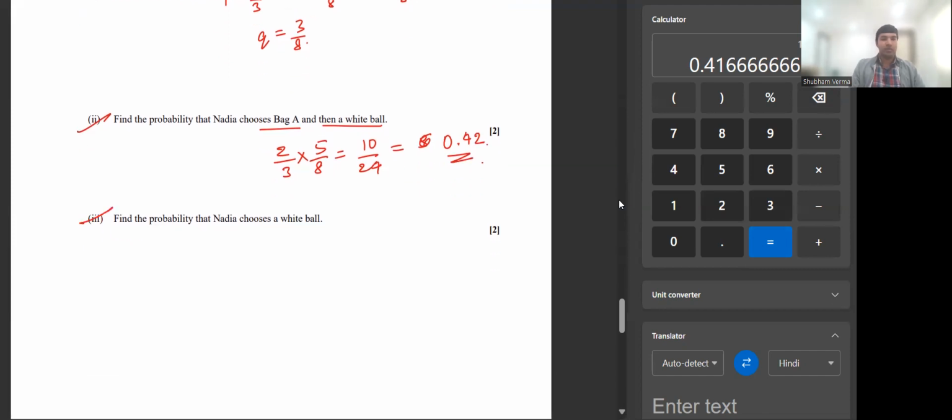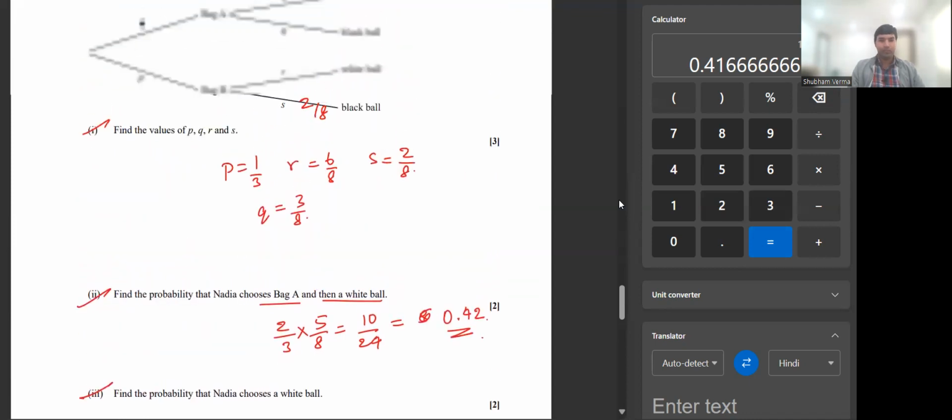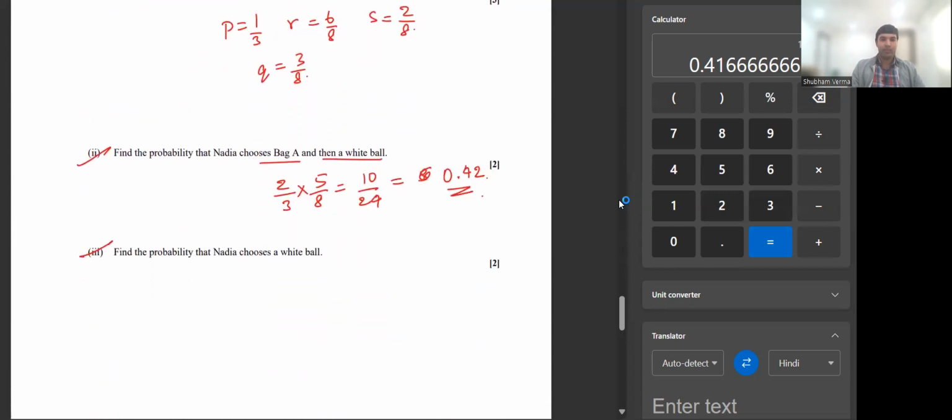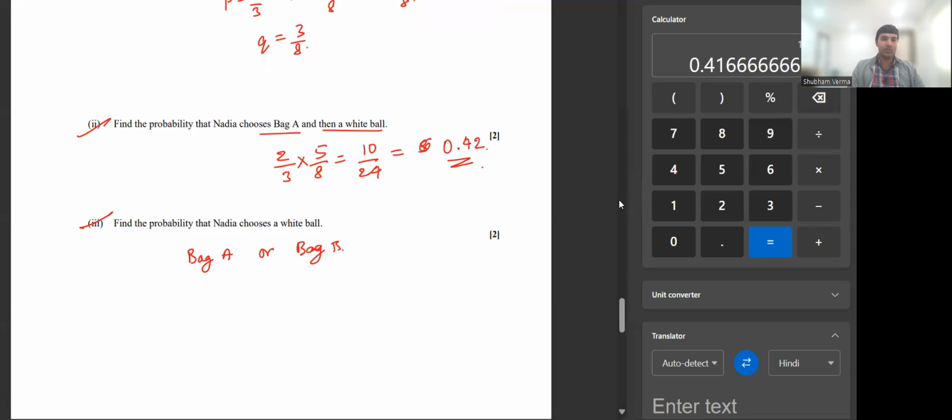Next. Find the probability that Nadia chooses a white ball. So there are two cases. White ball is there in bag A and white ball is there in bag B also. There are two ways in which we can choose the white ball.